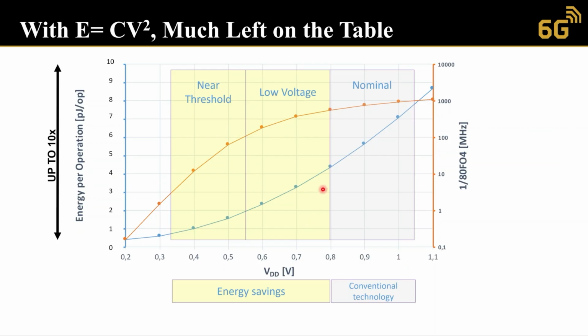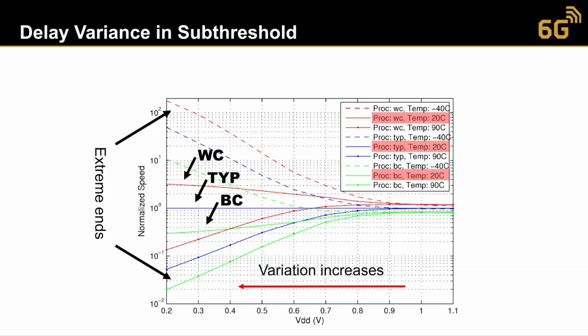But going near threshold, down to 0.4, 0.5 volts, is usually still not possible. We'll see in a second what the reason for that is. But if you can go there, there's theoretically a very nice energy reduction available, about 10x.